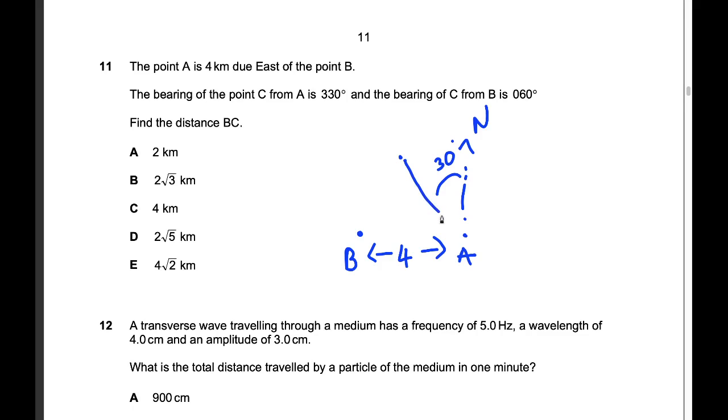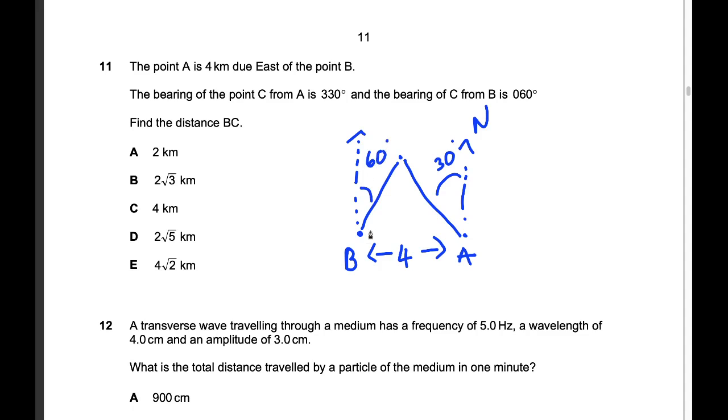I'm just going to draw a line here. And from B, the bearing is 60 degrees. So doing the same thing, but this time I am going to use the 60 degrees from the bearing. I know that this angle here is 60.